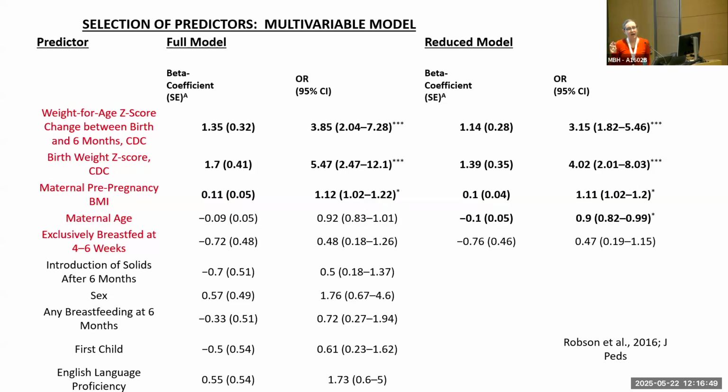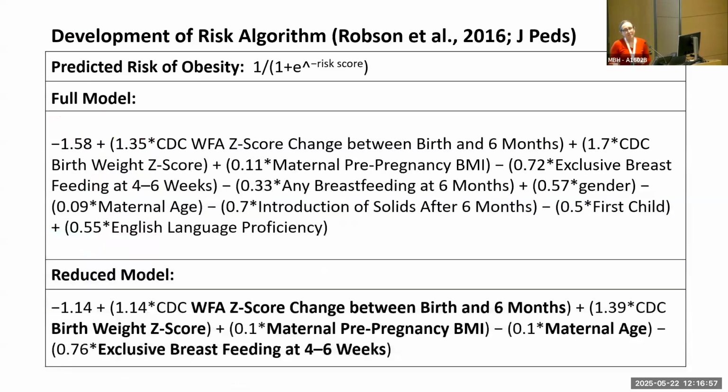Those were the 5 in the reduced model. I have the other ones up here as well, but they became less interesting because we found that the reduced model worked equally as well as the full model. I just put up the algorithm here, the actual calculation. We have a paper in 2016 that has this information as well.